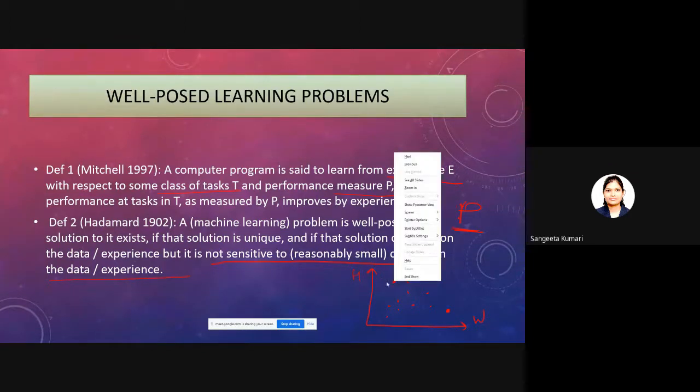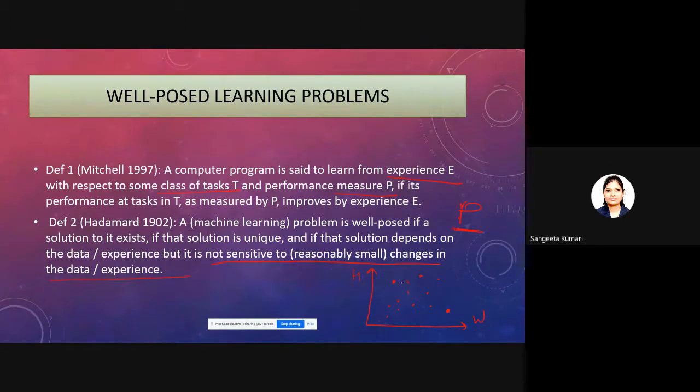So it can be like this, and these could be outliers. If two or three other samples are added, say one sample comes this side or this side, these additions or reasonably small changes should not affect my function. This is important to understand: if my changes are small, it should not change the result drastically.